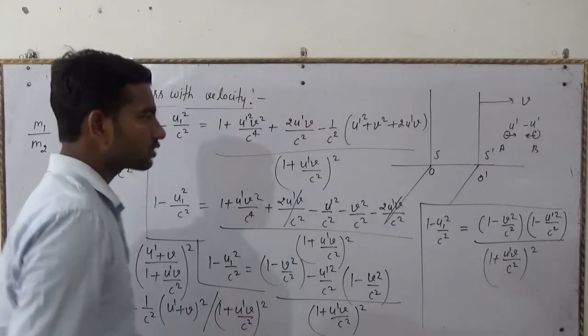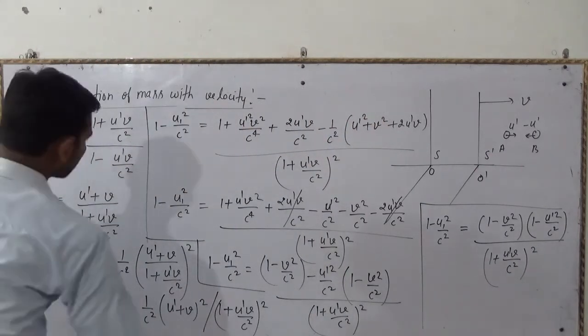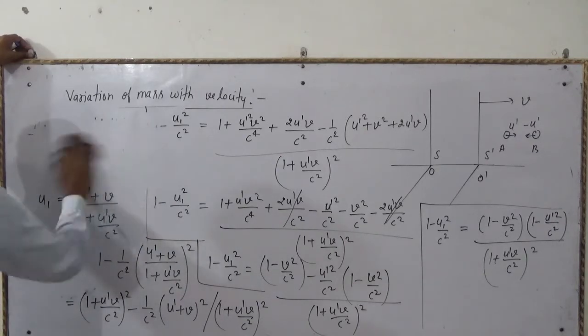Now we want to find out the value of 1 plus u dash v by c square. How can we find it?